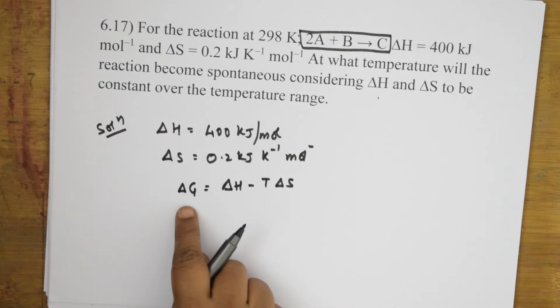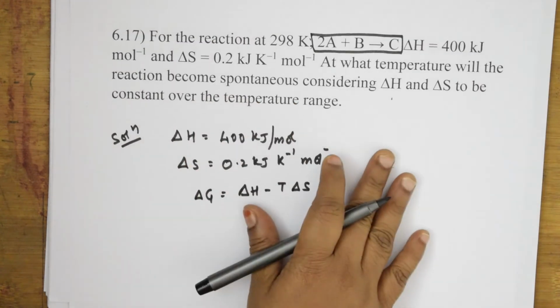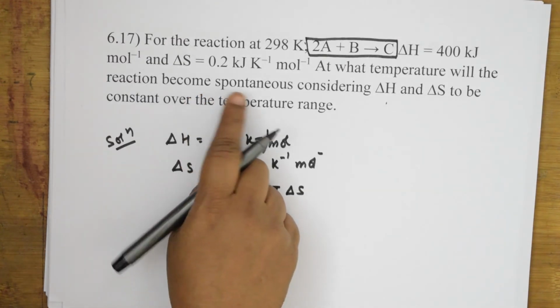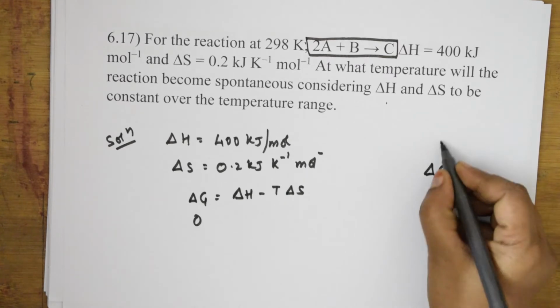So what is delta G here? We said for a reaction to be spontaneous, delta G should be lesser than or equal to 0. Because this is a spontaneous reaction. That is the condition, isn't it?